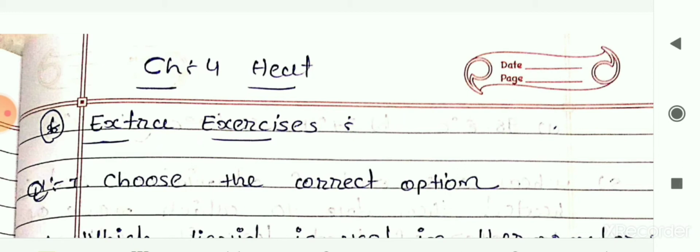But there is one exceptional case. Mercury is a liquid, even though it gets heated by the mode of transfer of heat called conduction. Then after we had seen about land breeze and sea breeze. In coastal regions, sea breeze during the daytime and land breeze during the night occur due to this convection.